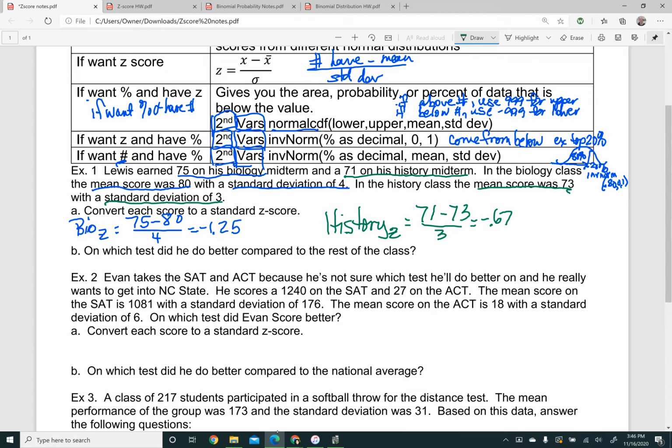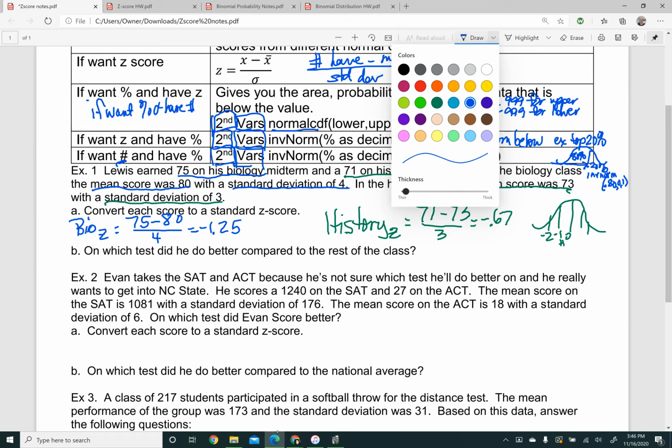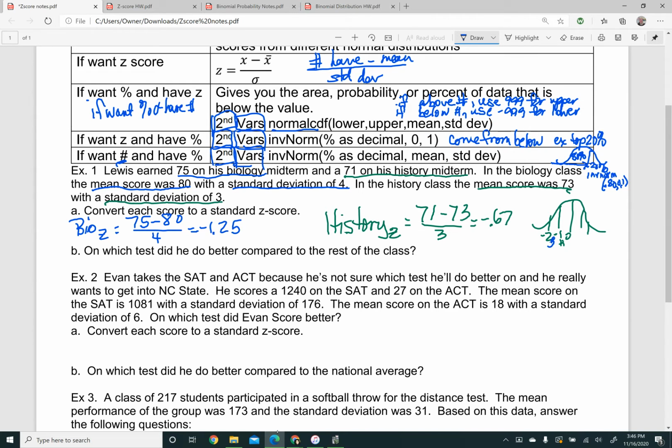Now, on our curve here, this is 0, negative 1, negative 2. So on our curve, our history score shows about right here, and our biology score is about right here.